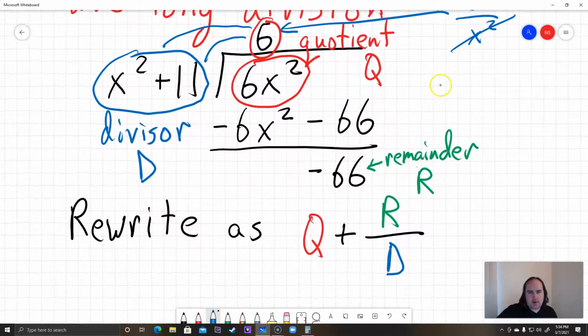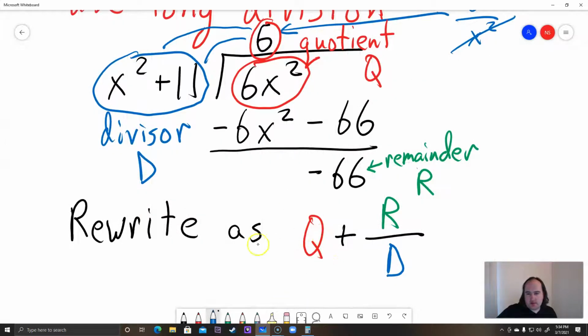Now after you've done this long division, you rewrite your integrand as Q plus R over D. So that's going to be 6 plus negative 66 divided by x squared plus 11.